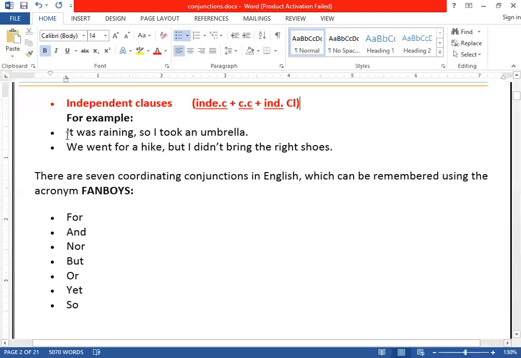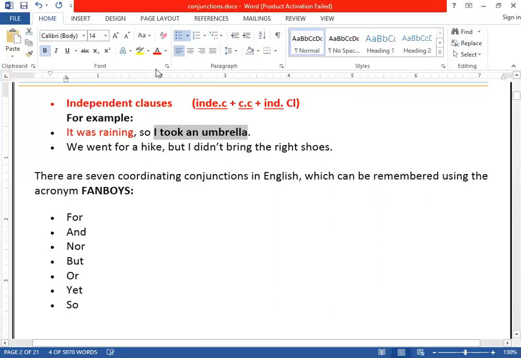Let's take an example. It was raining. It's an independent clause because it gives us complete meaning. It was raining, clear? So one clause, independent. I took an umbrella. Again, we have another clause.